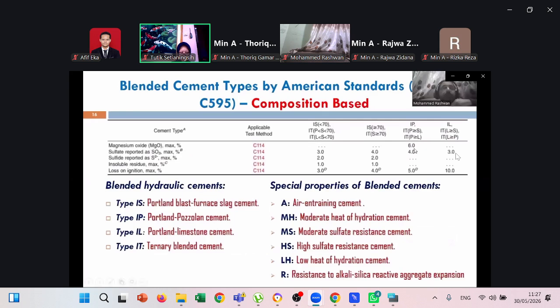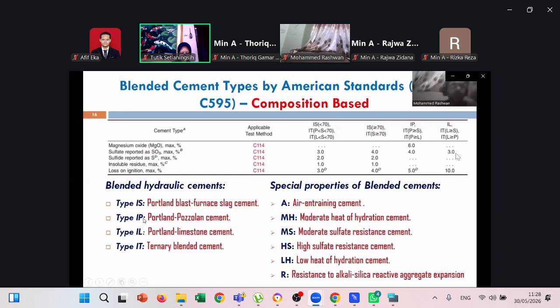Another type of cement is blended hydraulic cement by the American Standard C595, based on composition. There are four main types of blended hydraulic cement according to composition. IS is Portland cement mixed with granulated slag, so IS is the slag cement.